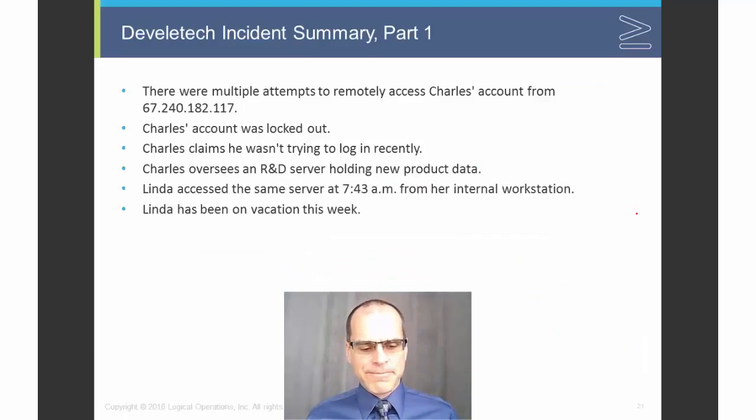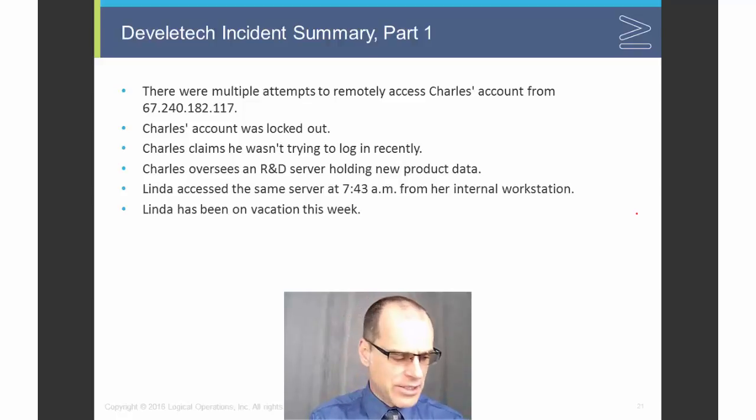Now, in the course, of course, we are looking at a fictitious organization called DevelTech. And in the course, there's an incident that is going to occur. So we're going to consider here, before we get into our first activity, the circumstances surrounding this incident that has occurred.